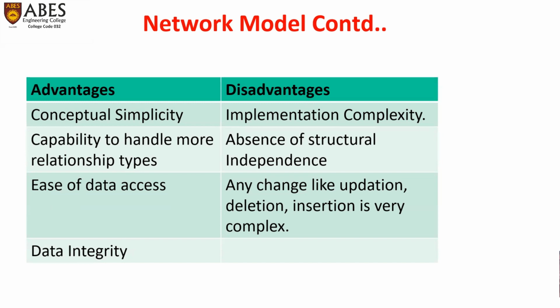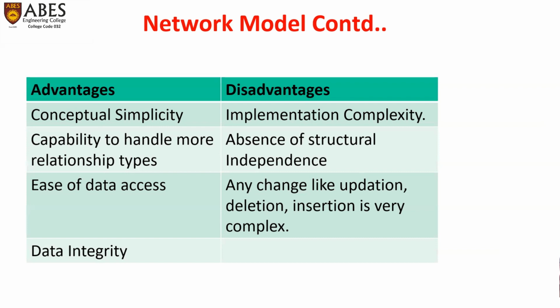Now come to the next, the advantages of the network database model. Conceptual simplicity: it is a very simple model. Again, like the hierarchical model, it is also a simple model. Capability to handle more relationship types: you can contrast this network model with the hierarchical model.